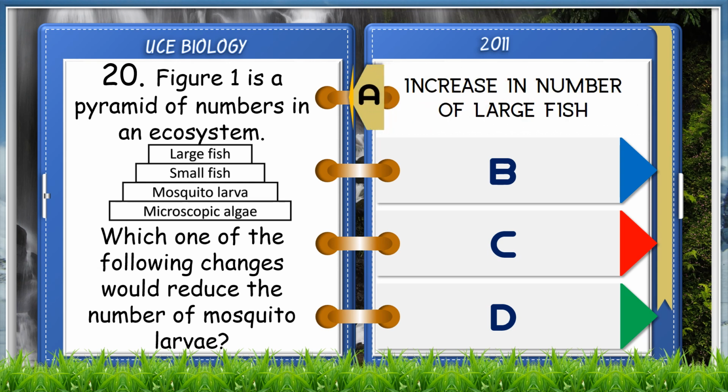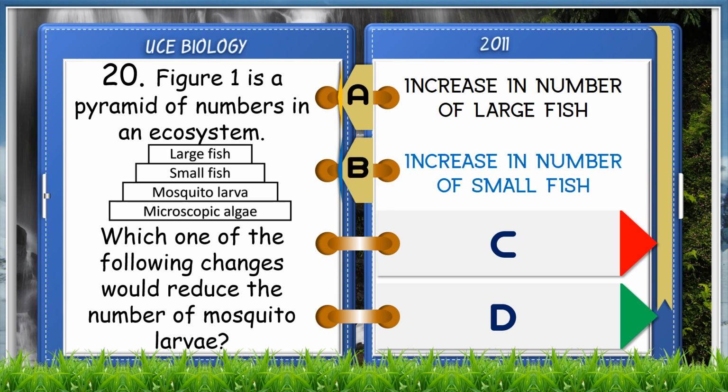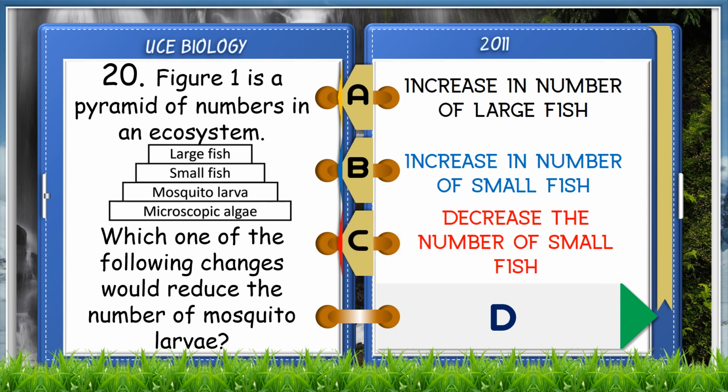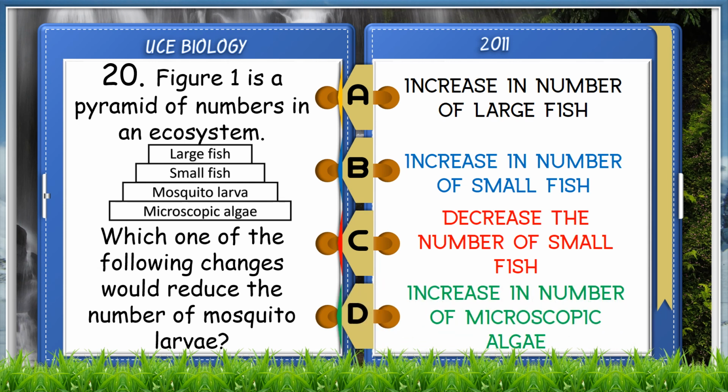A. Increase in number of large fish. B. Increase in number of small fish. C. Decrease in number of small fish. D. Increase in number of microscopic algae.